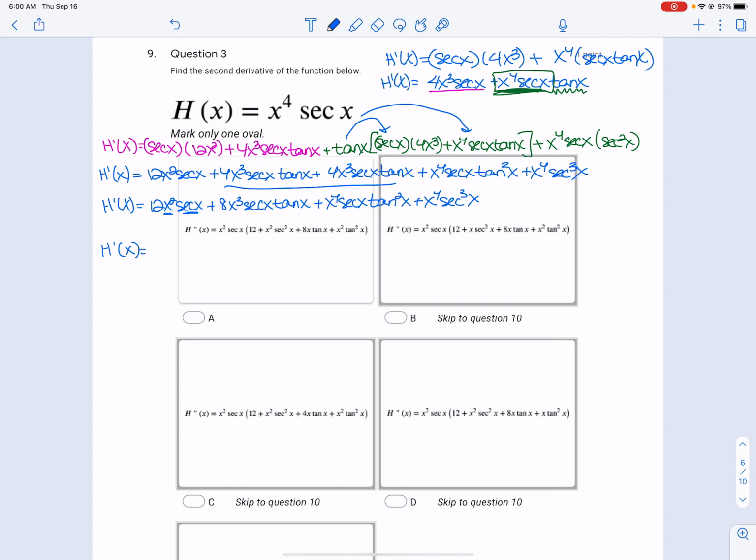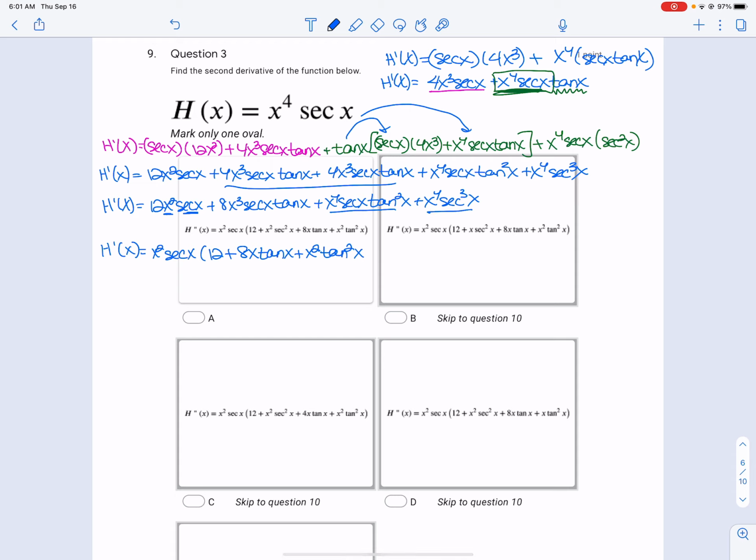h prime of x. So I have x squared secant of x, 12 plus 8x tangent x. And then this guy is plus x squared tangent squared of x.